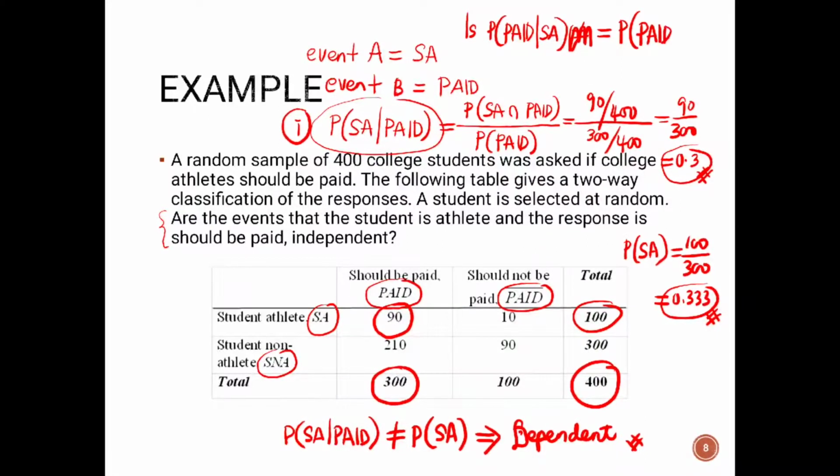Kalau awak dapat sama, sepatutnya dapat tak sama lah. Sepatutnya dapat tak sama. Baru jawapan dia akan selari dengan yang ni. Sebab ni persoalan. Is probability of paid given SA equals probability of paid. Okay, I'm expecting the answer should be not equal. Okay, sebab kita dah tunjuk dekat sini, the two events are dependent.